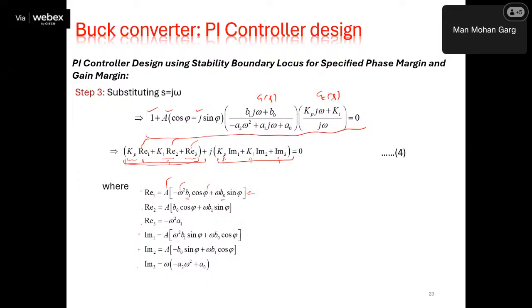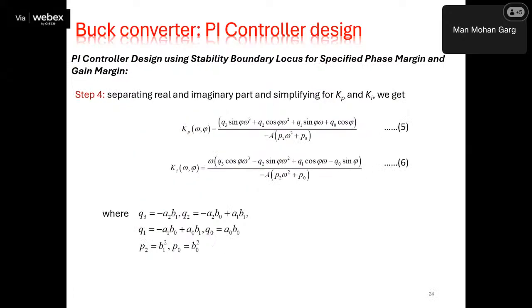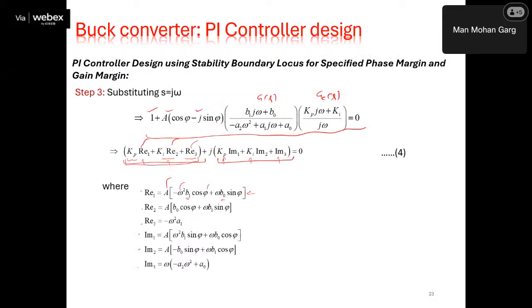So the next step is that we will separate out this Kp and Ki. So Kp Re1 plus Ki Re2 plus Re3 equal to 0, and Im2 simply Im equal minus Im3.